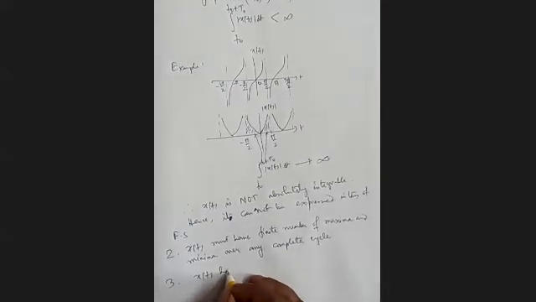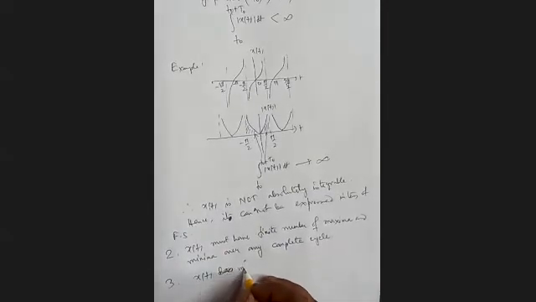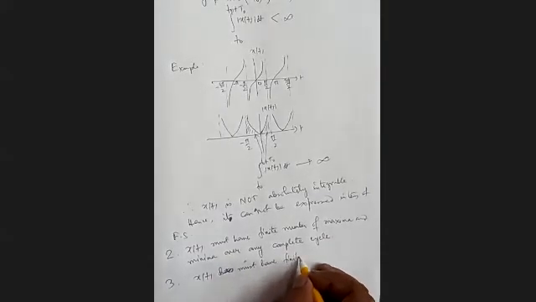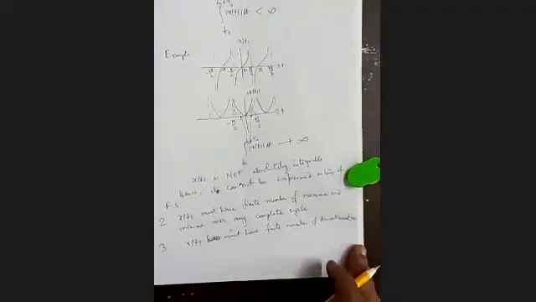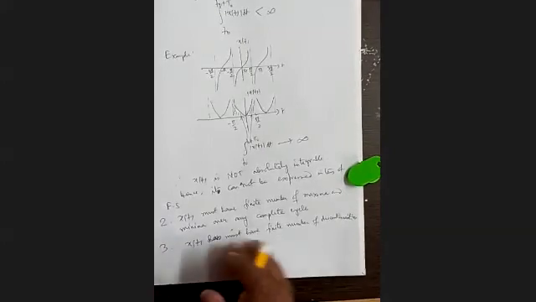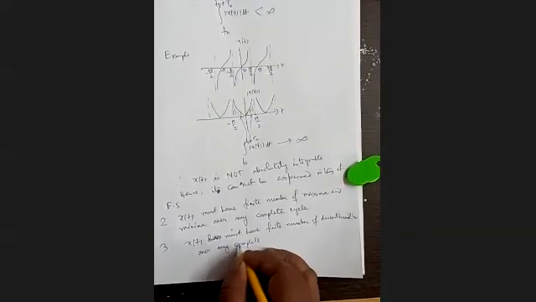And number 3, the last point: x(t) must have a finite number of discontinuities over any complete cycle.